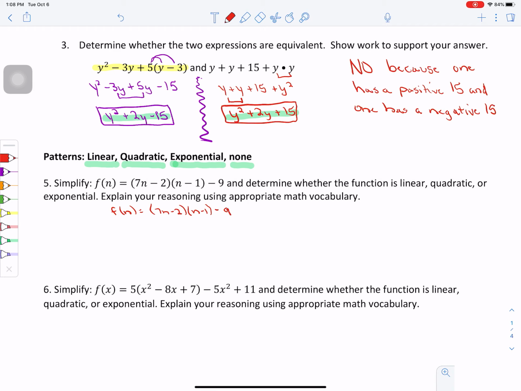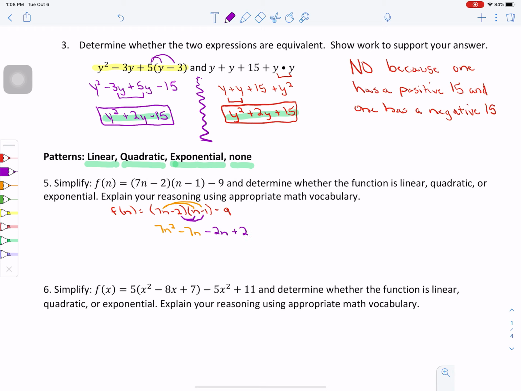Now we're going to distribute. We're going to multiply 7n times n, which is 7n squared. We're going to multiply 7n times negative 1, which is negative 7n. Then we're going to multiply the negative 2 times n, which is a negative 2n. We're going to be watching negative 2 times negative 1, which is a positive 2.